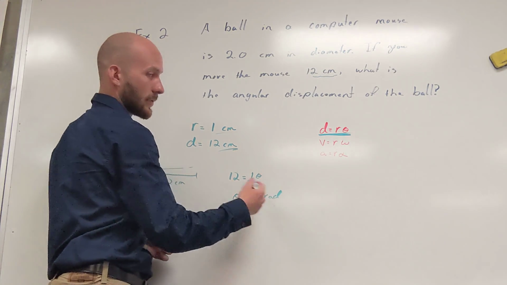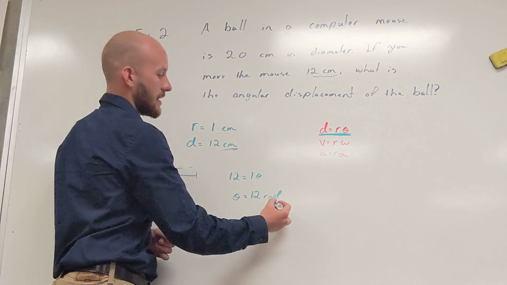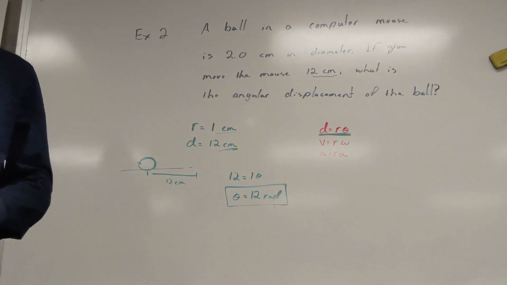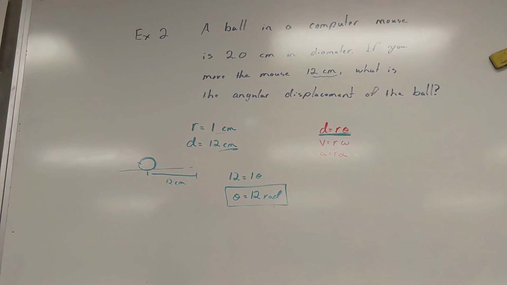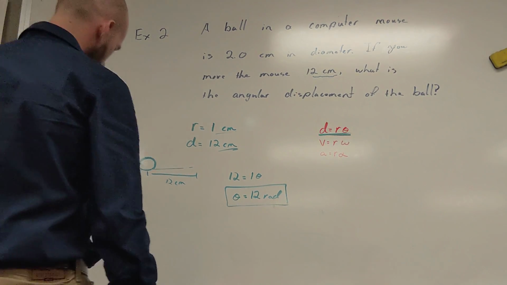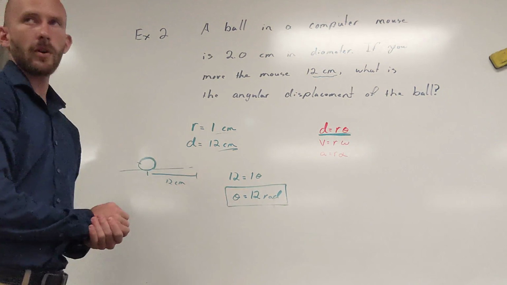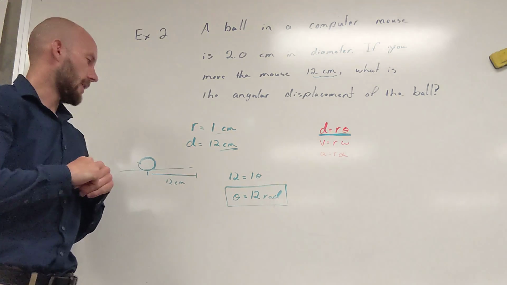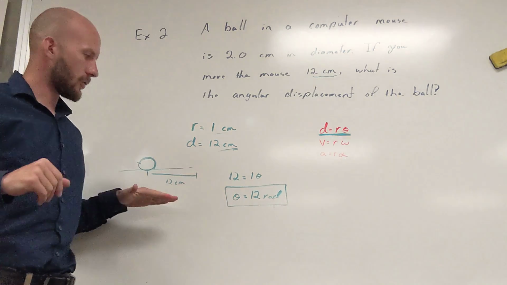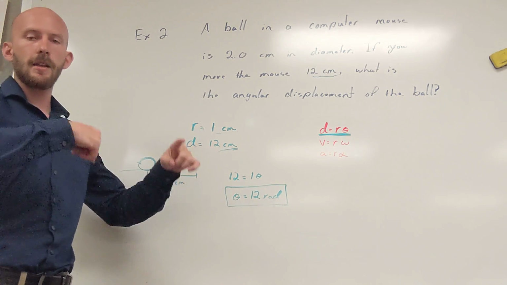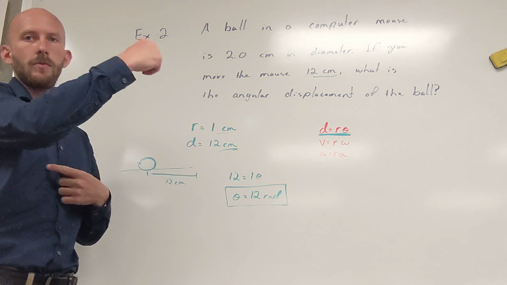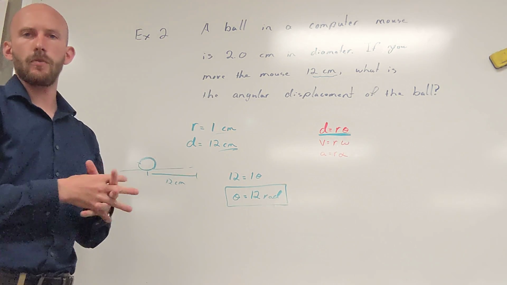And if those units agree, this will always be in radians. Pretty straightforward. I just wanted you to understand that moving 12 centimeters across a flat surface, since the ball is rolling, is the same as 12 centimeters around the surface of that ball.